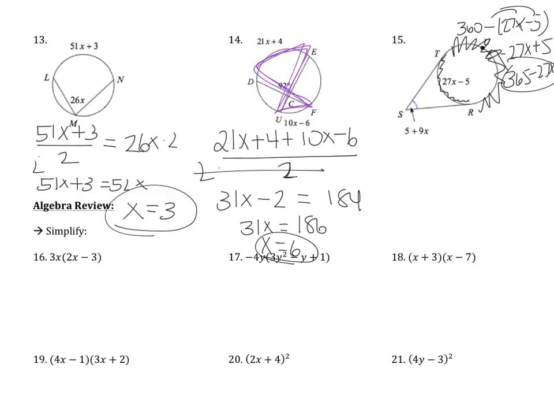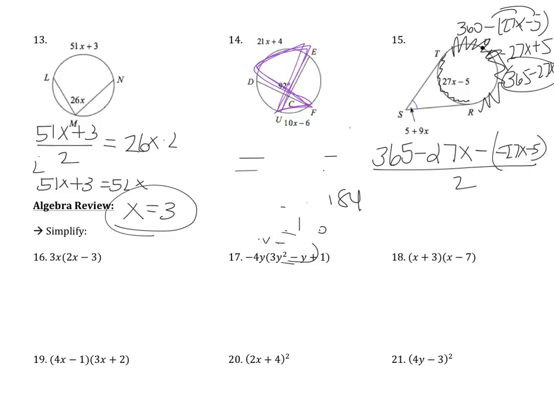So I'm going to take my big arc, which is 365 minus 27x, minus the other one, 27x minus 5, all over 2. I'm going to have to erase some of this. It is going to equal 5 plus 9x.